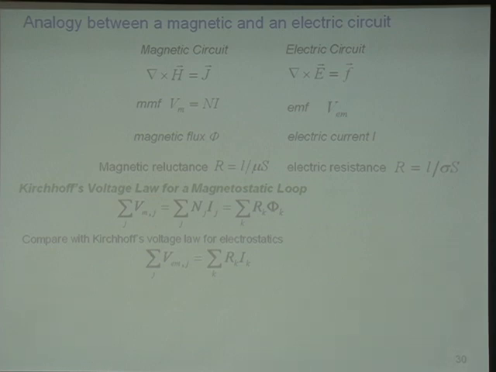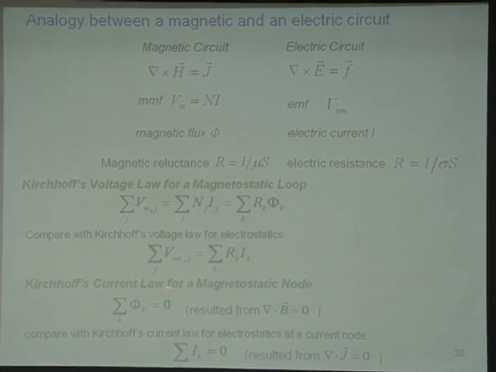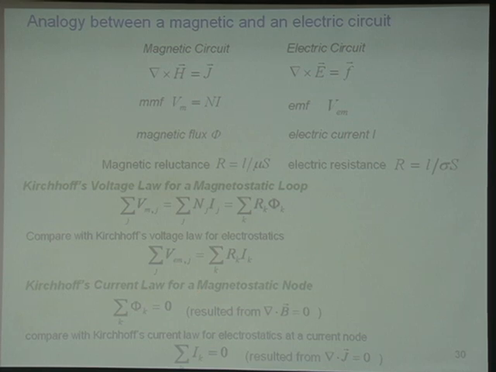Okay, with this tool, you can also write down Kirchhoff's current law for a magnetostatic node. For Kirchhoff's current law, you have the summation of total current going into a node equal to 0 at a steady state, because a circuit node does not accumulate charges. The same thing, you have divergence of B equal to zero at any node of a magnetic circuit. So you can sum all the magnetic flux at one node and get nothing.